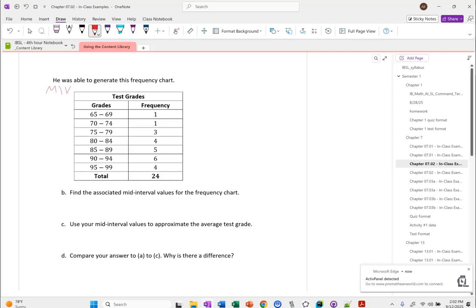What's in the middle of 65 and 69? 67? It's just 67, right? Everybody agree? If I go 2 up from 5, it's 7. If I go 2 up from 7, it's 9. 7's right in the middle, right? So 72, and then 77, and 82, and then 87, and then 92, and then 97. Everybody feel good?